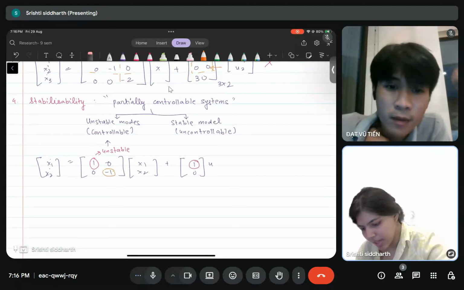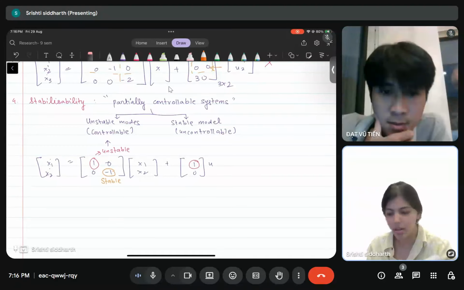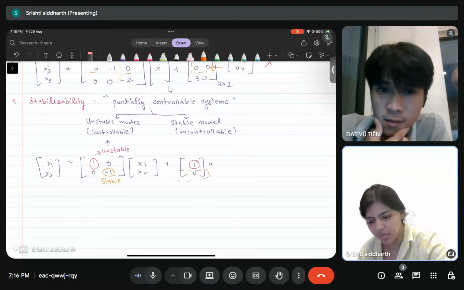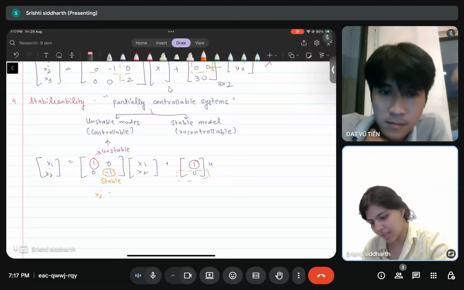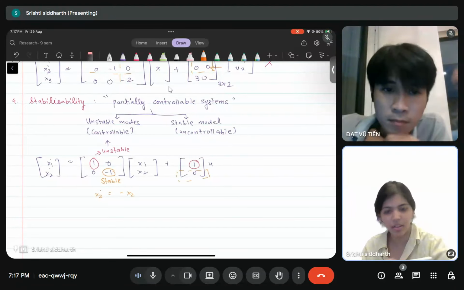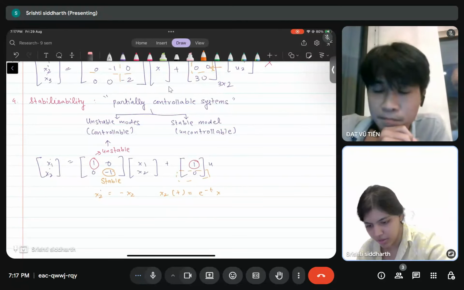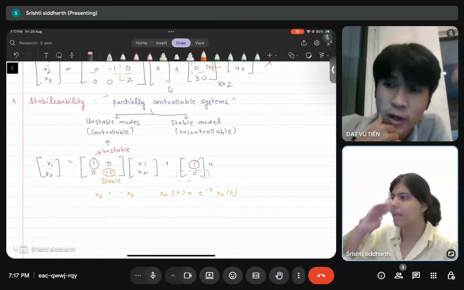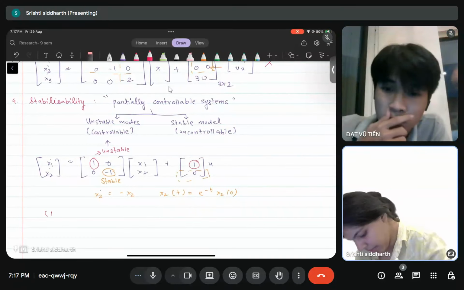This is a stable eigenvalue or stable mode. It can have a control or not, but in our case it does not. This is fine, it will eventually die. This would be x2 dot equals minus x2, and the differential equation solution is simply stable. So again the pair AB is stabilizable.